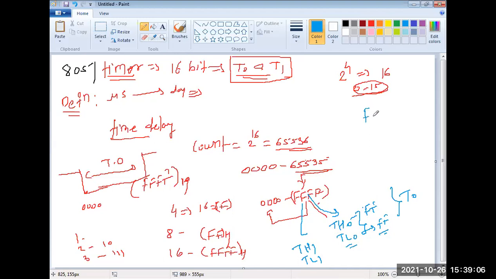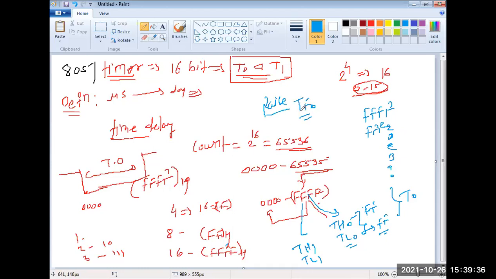How will it start decrementing? FFF, then FE, like that. E, D, sorry, after D comes C, then B, then A, then down to 00. It will keep decrementing by 1. When this value comes to all 0, it raises the flag, the TF0 interrupt.